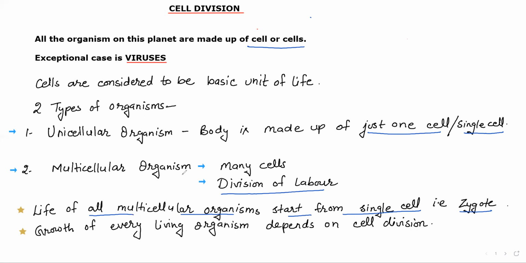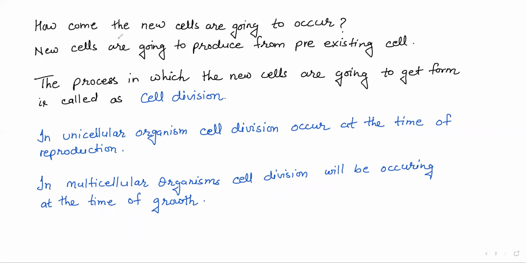So in a multicellular organism, if any cells get damaged, new cells are going to occur. How do these new cells occur? New cells are going to be produced from pre-existing cells. That is a very important part, from pre-existing cells.